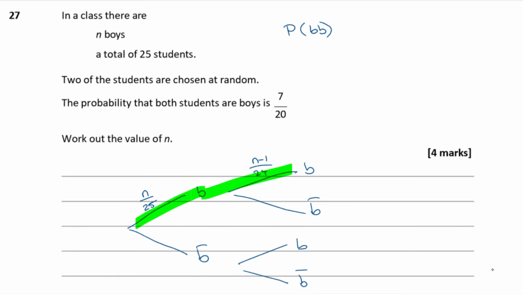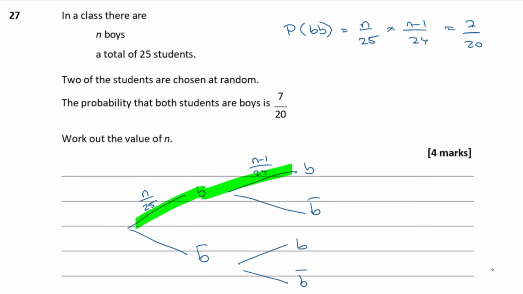So that would be the probability of n/25 times (n-1)/24. And we know that the probability that both students are boys is 7/20, so we know the answer is 7/20. So we want to find out n basically.